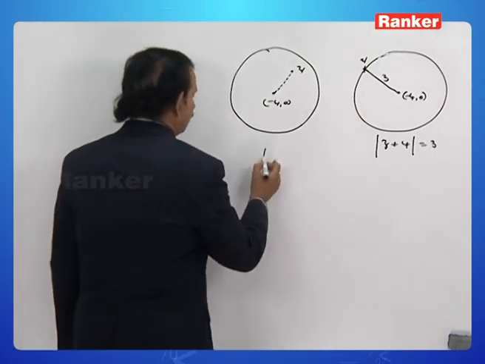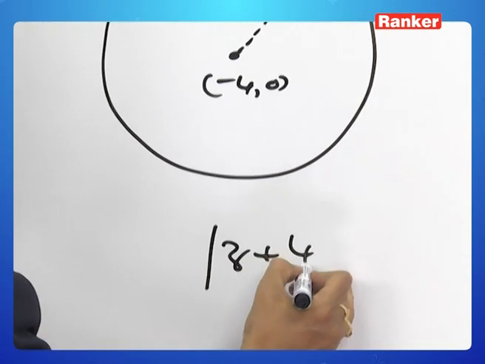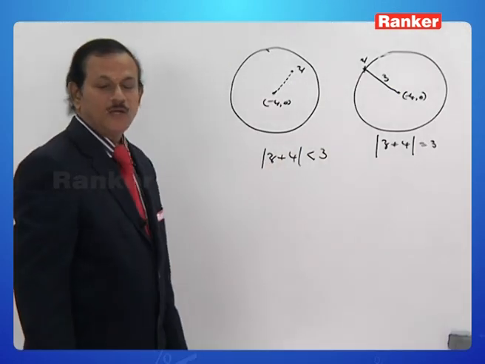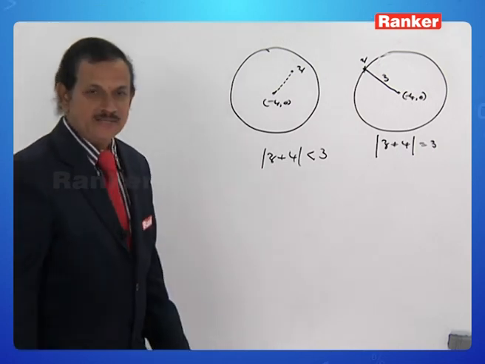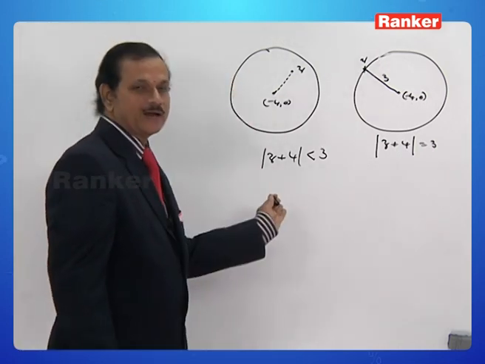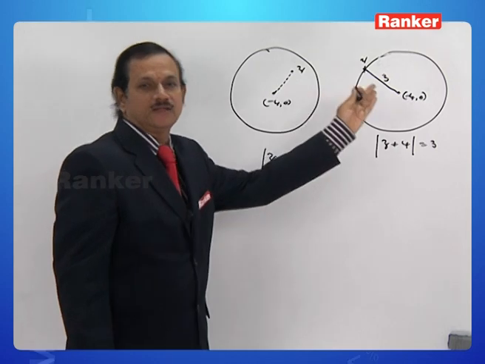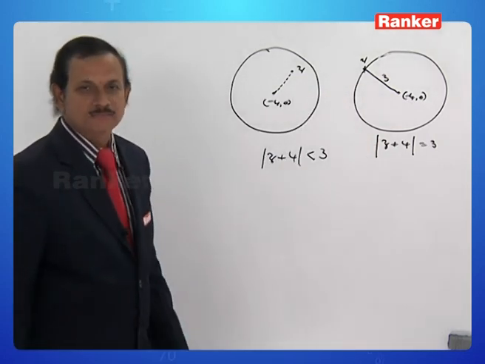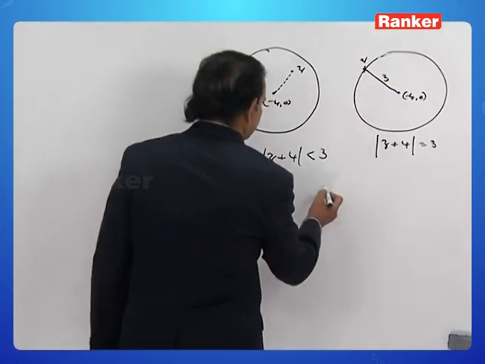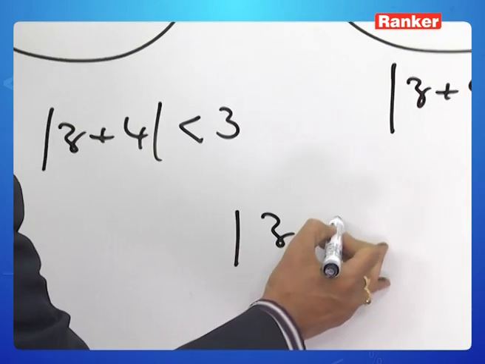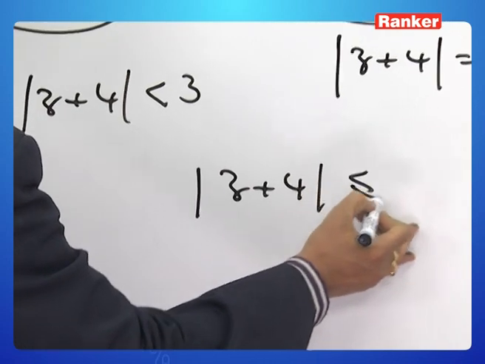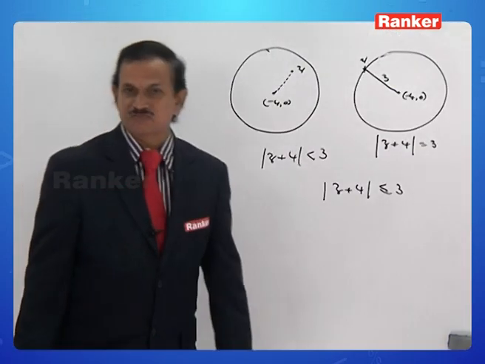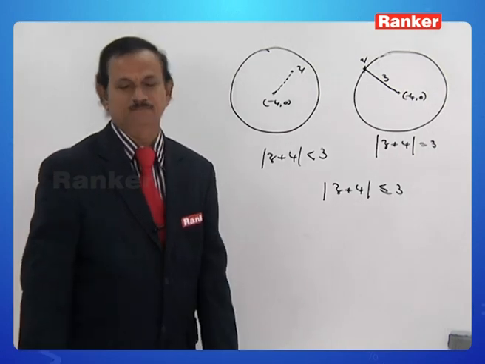That is, mod z plus 4 is less than the radius, that is 3. We are given about z, either it lies in the interior or it lies on the boundary. Out of these two cases, any case may happen. So that by clubbing these two, what can you say? Mod z plus 4 is less than or equal to 3.